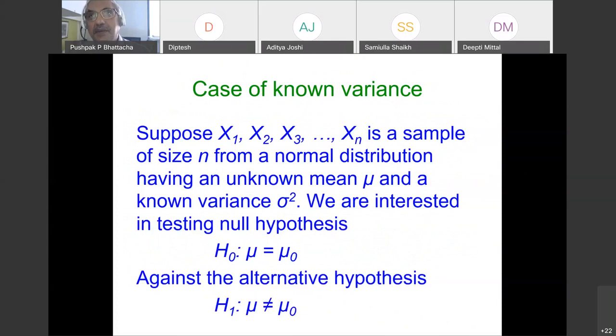I have taken 20 cigarettes and I am observing the values there, statistics there. We are interested in testing the null hypothesis that mu is equal to mu naught, against the alternative hypothesis, mu is not equal to mu naught. Now, null hypothesis, alternative hypothesis, these are very sacrosanct in testing of hypothesis theory.